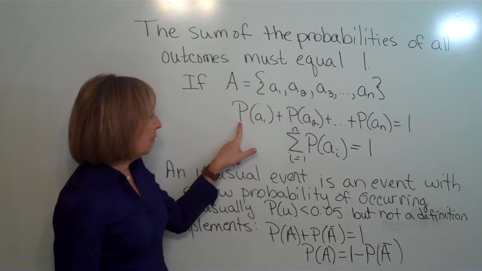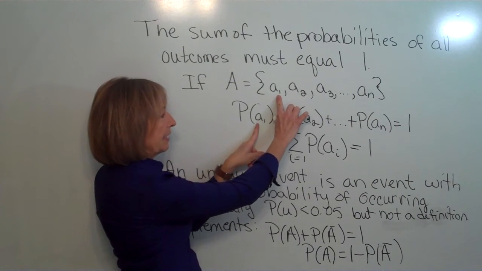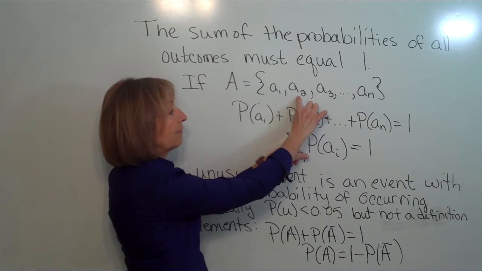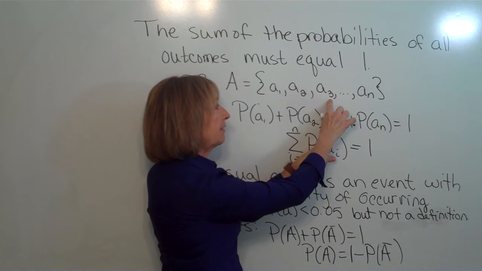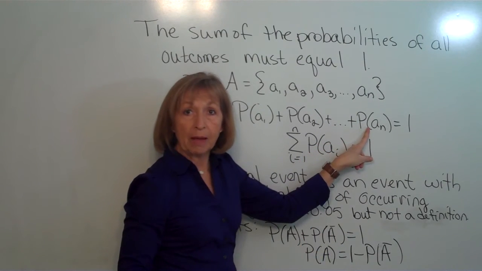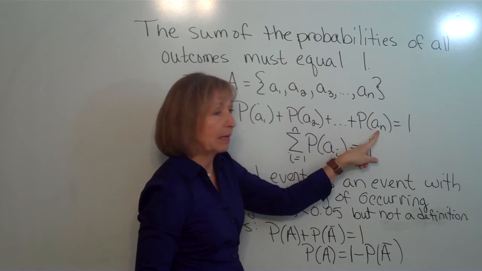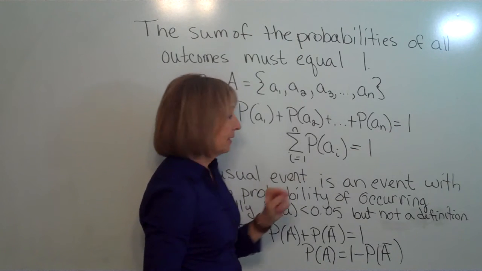Now if I take the probability of the first event in the sample space plus the probability of the second event plus the probability of the third event all the way up to the probability of the nth event of the sample space, that has to be 1.